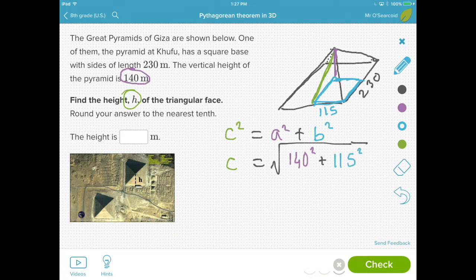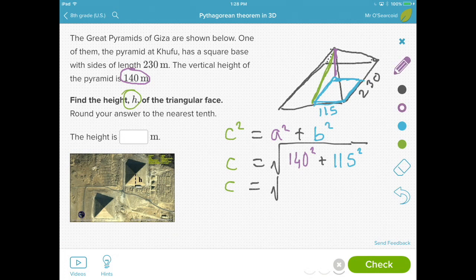So numbers this large, use your calculator. You can of course use the time, if you feel you need the practice, to work this out by hand. 140 times 140 by hand is not a difficult task. It's something you could do on your whiteboard.